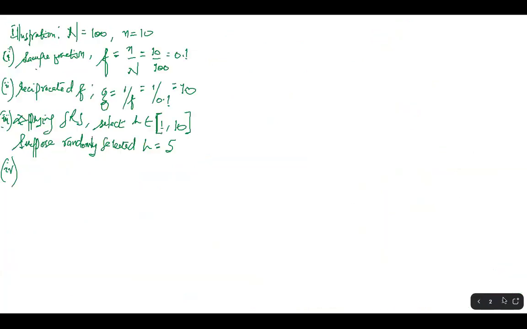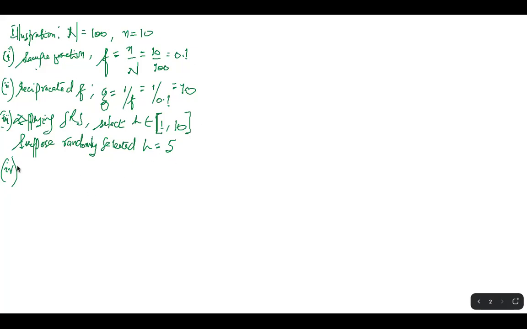So let's go back to the population of 100 people, supposing that everybody has been given numbers. I'll start from population member 5. From 5, I will count the gth other person. Here, the gth other person means the 10th other person.